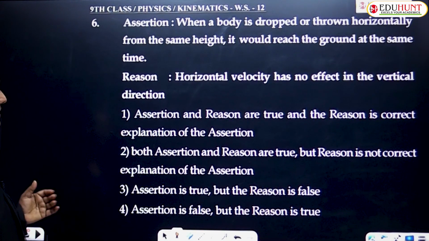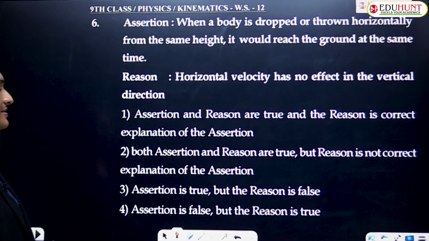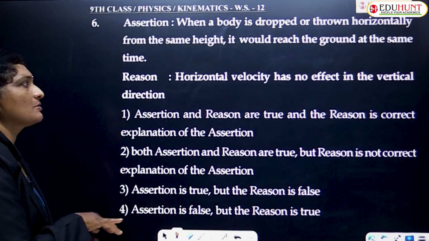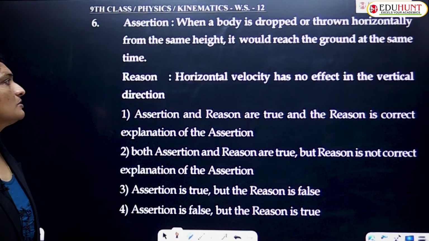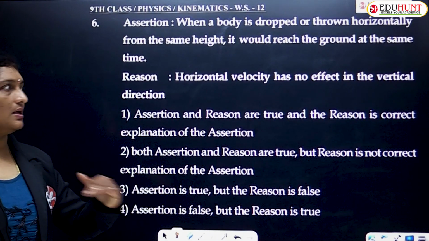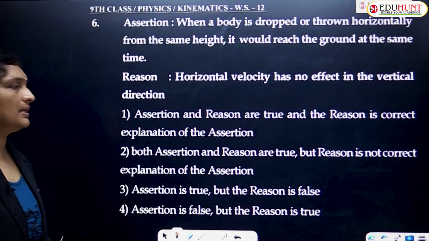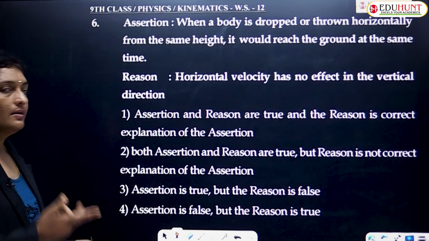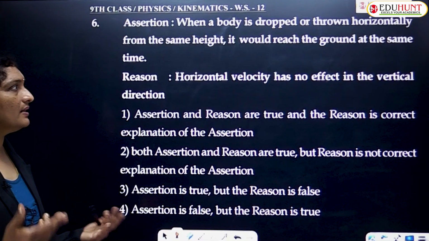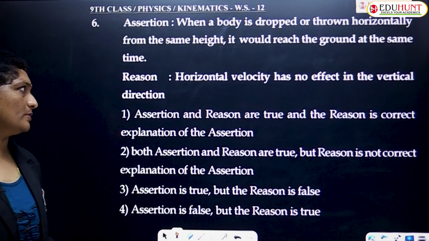Now the reason given is that the horizontal velocity has no effect in the vertical direction. Yes, that is also true. Horizontal velocity has no effect in the vertical direction because they both are separate. So if you consider the time taken, t equals root over 2h by g.